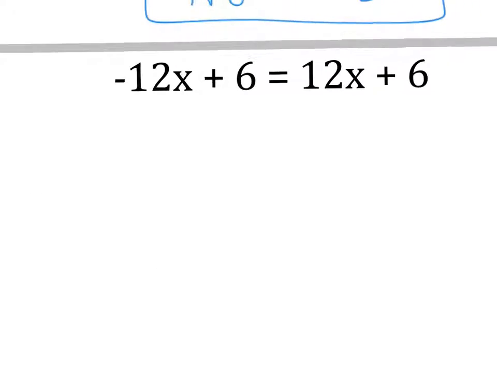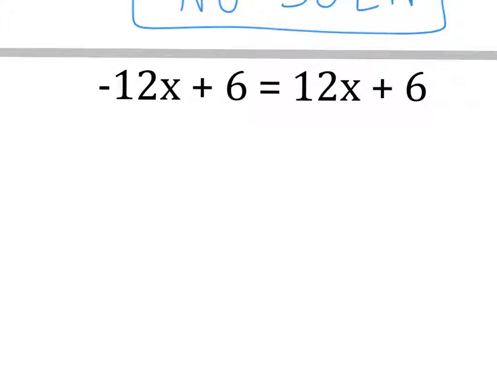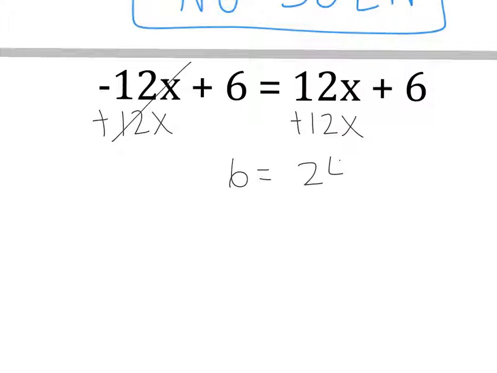And then over here, I'm going to get my x's together, so I could either add 12x or subtract 12x. So I'm going to add 12x. This cancels out, so I'm going to have 6 equals 24x plus 6. Then I subtract 6, so I have 0 equals 24x.